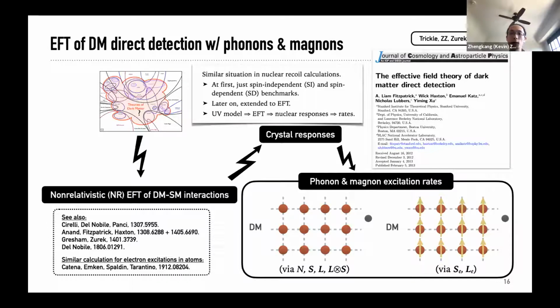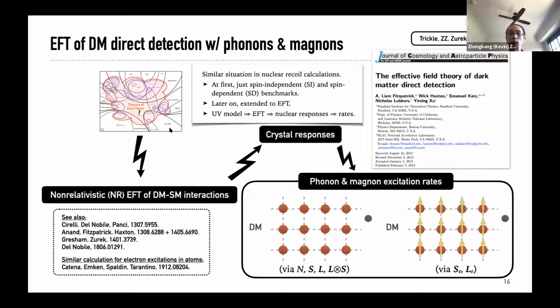And perhaps this has reminded you of something, which is the effective field theory of dark matter direct detection in the context of nuclear recoils. This is a classic paper by Liam Fitzpatrick and others back in 2012, where they systematically generalized the calculation of nuclear recoils from just the spin independent and spin dependent benchmarks to the full set of EFT operators.